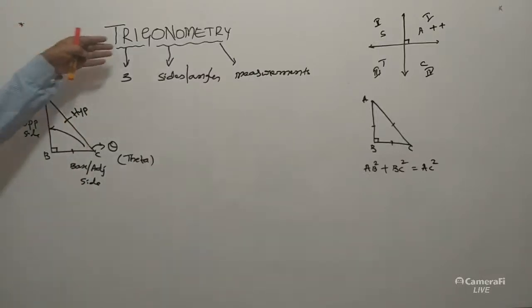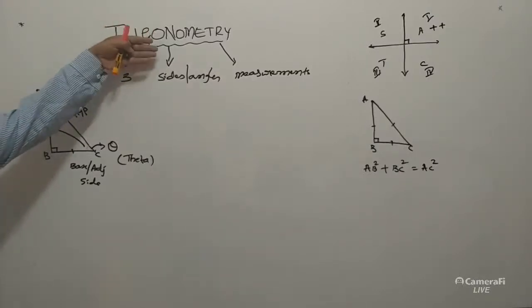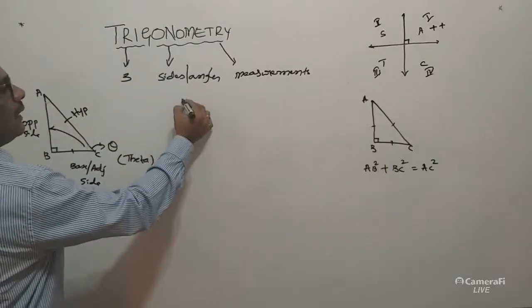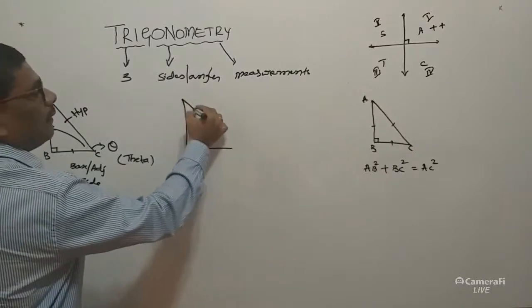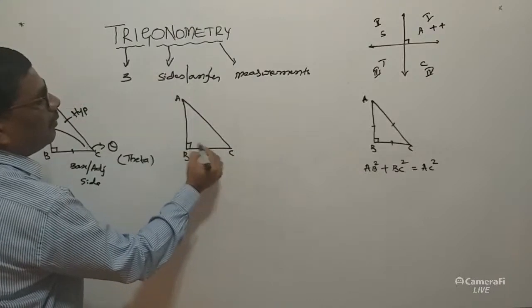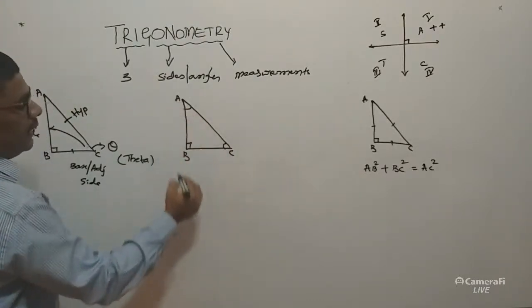Now the main part of trigonometry, the basic fundamental: as I told, two angles are acute and one is a right angle, because the sum of the angles of a triangle must be 180 degrees.